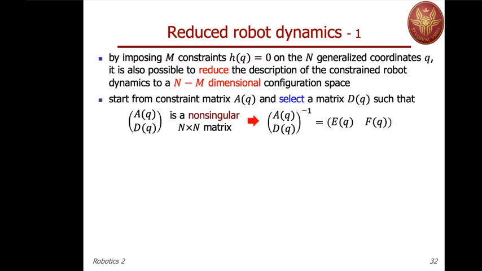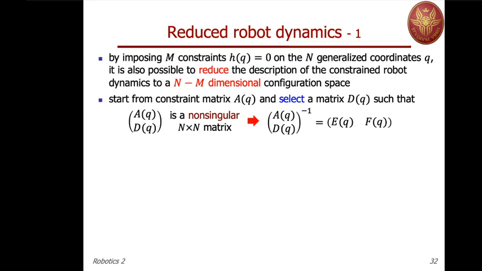So, what is the starting point? Here you immediately see the difficulty of this method, because there are some choices to be made, and suitable choices. We start with the Jacobian of the constraint, so with the constraint matrix A of q. Remember, we assume that this is full row rank, so it's an m times n matrix. We need to select a completion of this matrix in order to make it square.